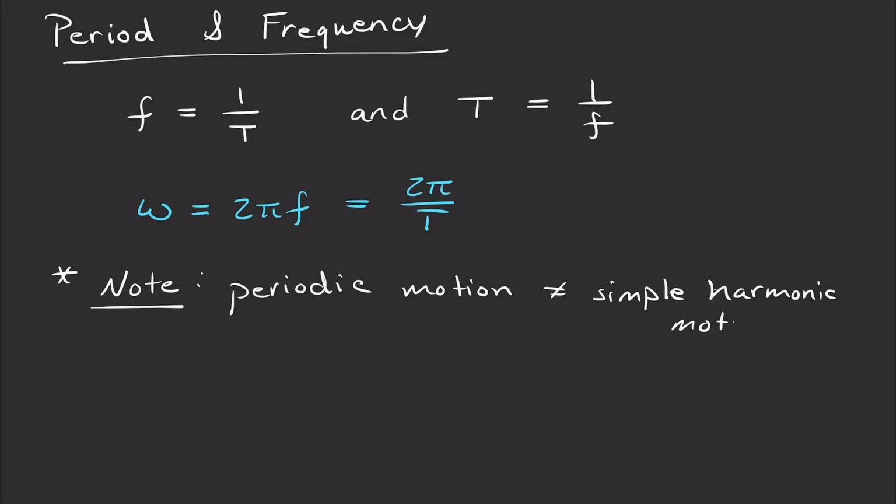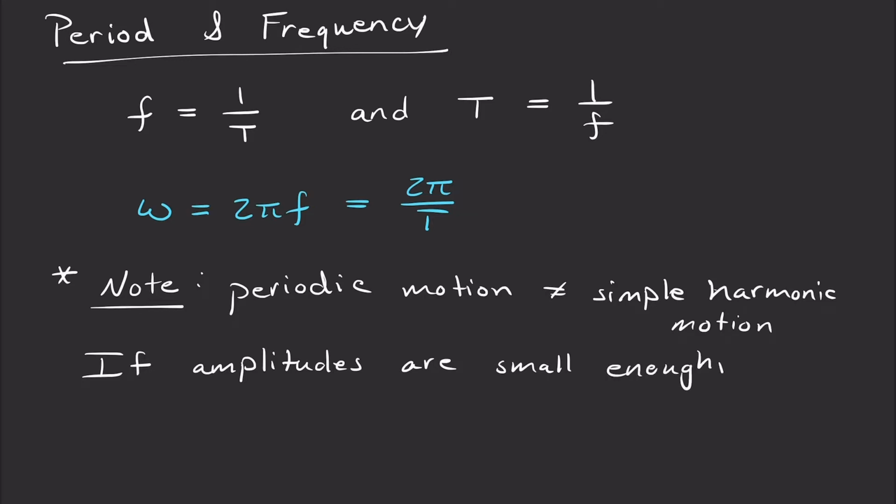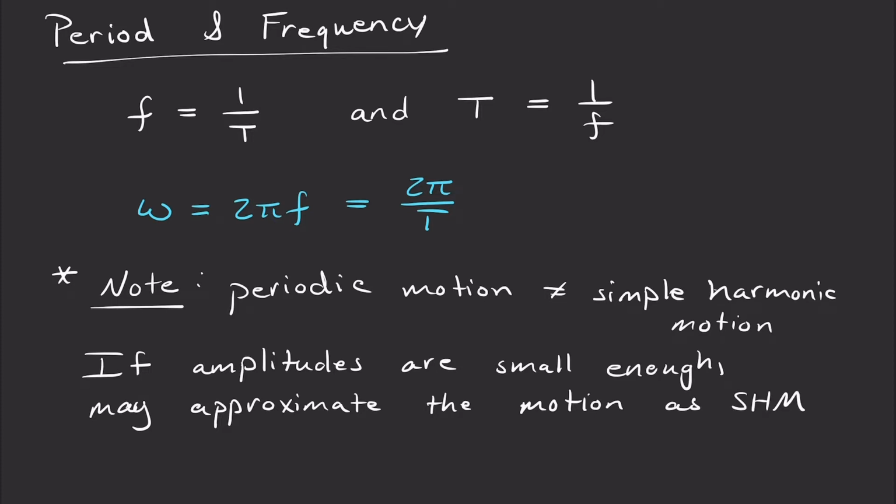However, there are times, for example, if amplitudes are small enough, then we may approximate the motion as simple harmonic, so as SHM. And we'll see a case where we can actually do this approximation and see why it works and how it works.